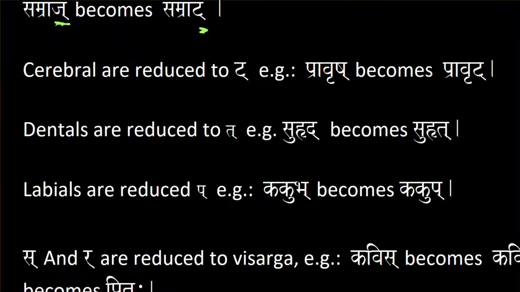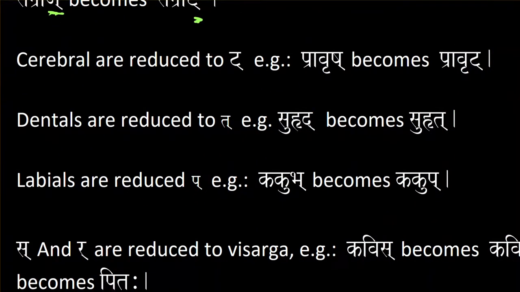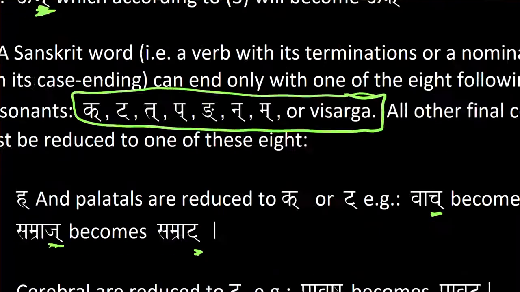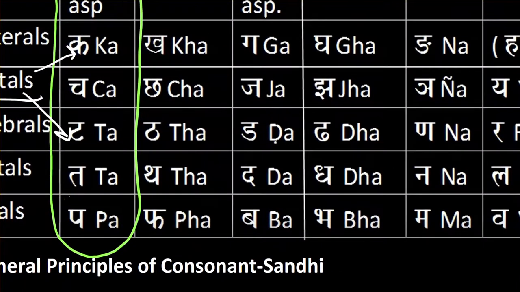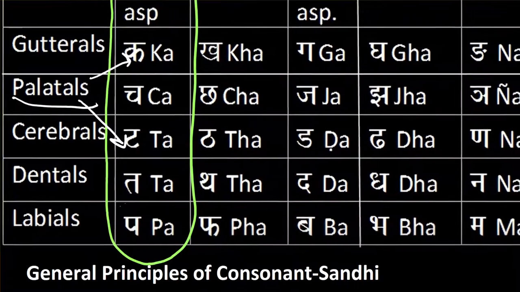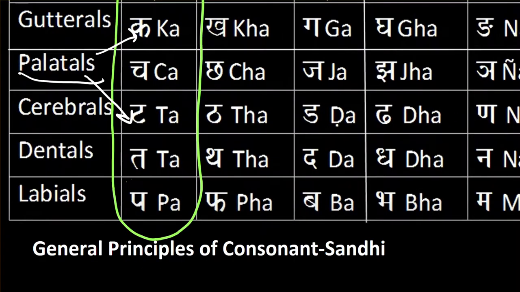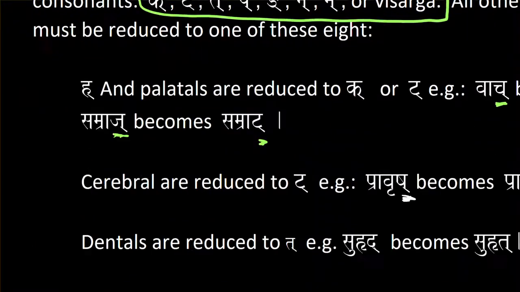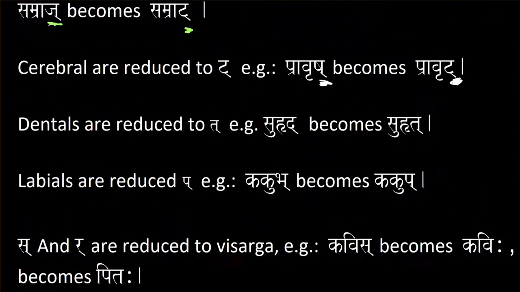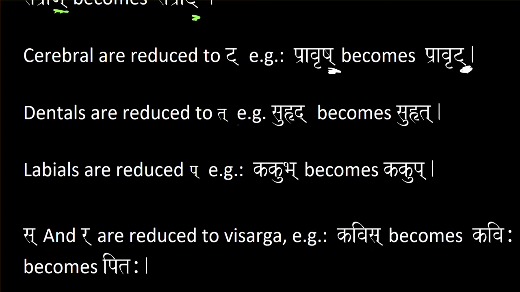Now the cerebrals are reduced to ta. So pavrish becomes pavrit. This is the cerebral, and it gets reduced to its first member. Any one of the cerebrals in this row would get reduced to ta. Dentals are reduced to ta as well.